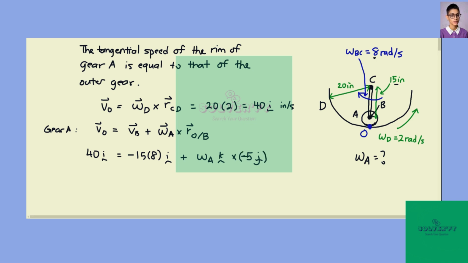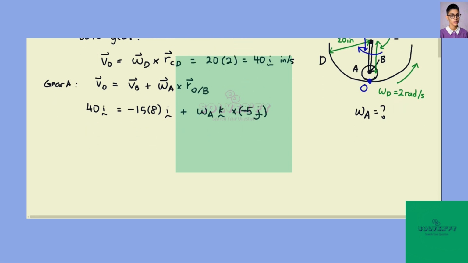So in this case, this is what we get: 40 i equals minus 120 i plus 5 omega A i.